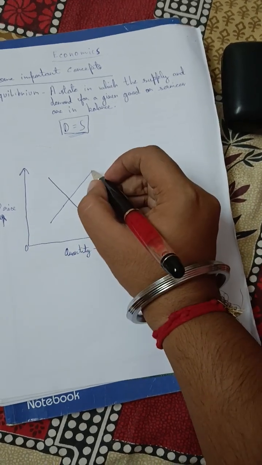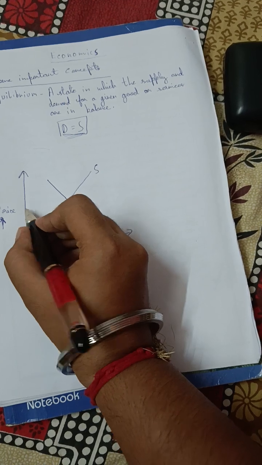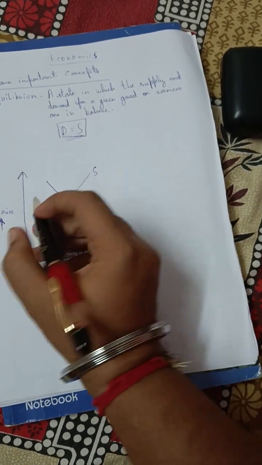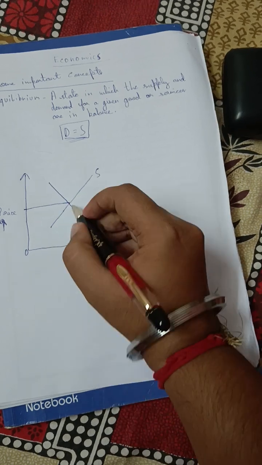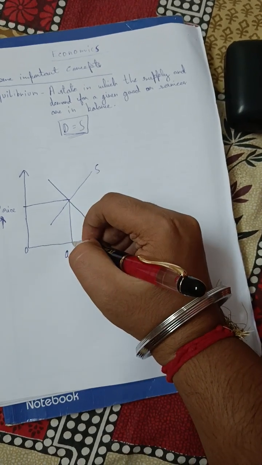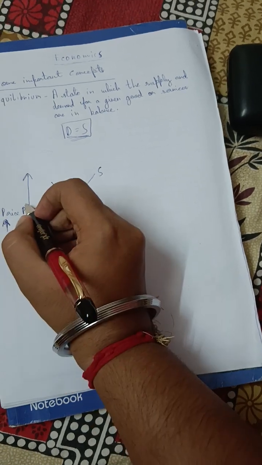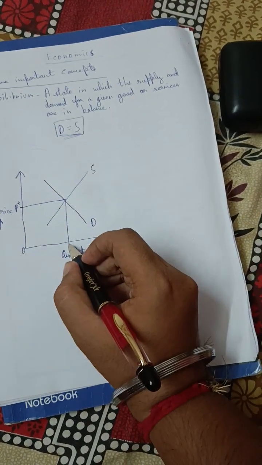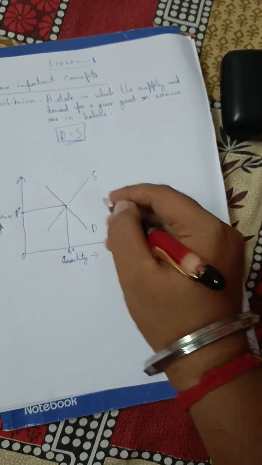S means supply and this means demand. So for equilibrium, first I will draw the diagram, then I will explain it. Okay, this will be P star and this will be Q star. So here is pretty much the whole diagram.